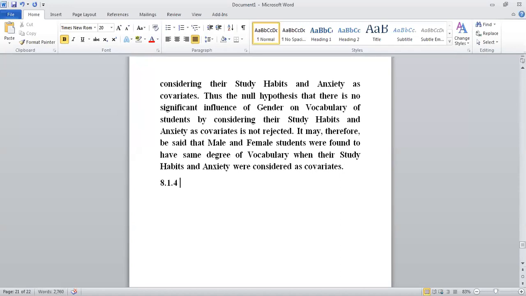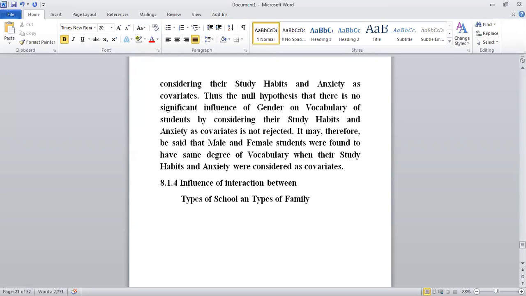8.1.4. Now it is the influence of interaction between types of school and types of family.